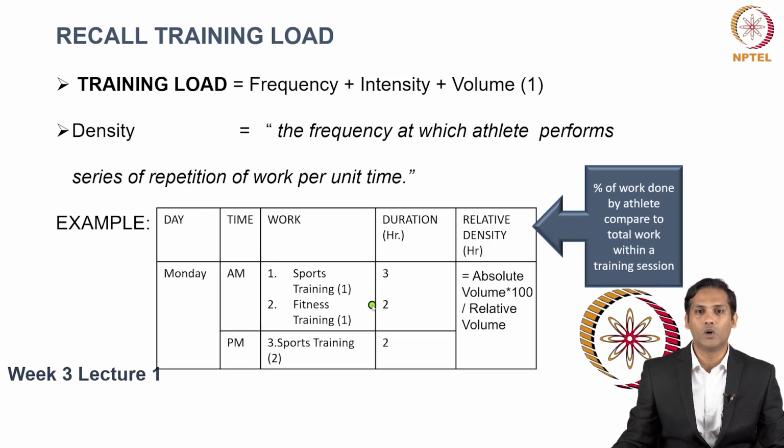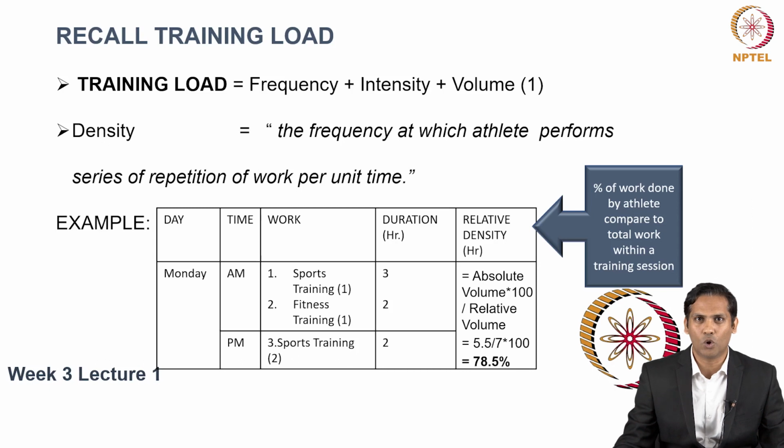The total work that the athlete has been prescribed on Monday is 7 hours. Out of 7 hours, let's say the athlete has done 5.5 hours. Using the formula, the relative density comes to around 78.5%. So on Monday, this athlete has a relative density, that is the work done, of 78.5%.